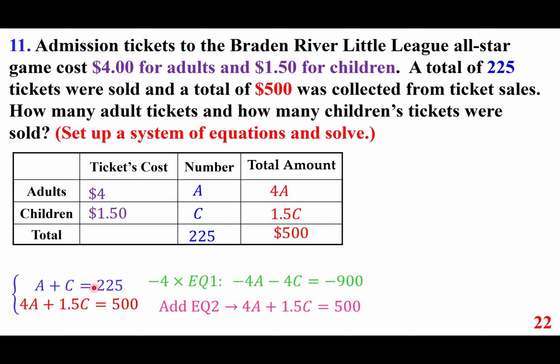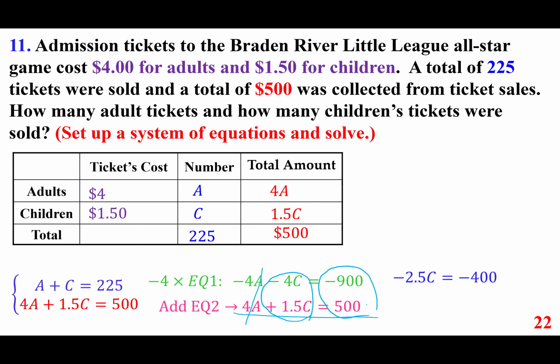So we add them up. I want to make sure everybody has a chance of writing what they want. So when we add them up, these two cancel each other. These two add up to negative 2.5C.